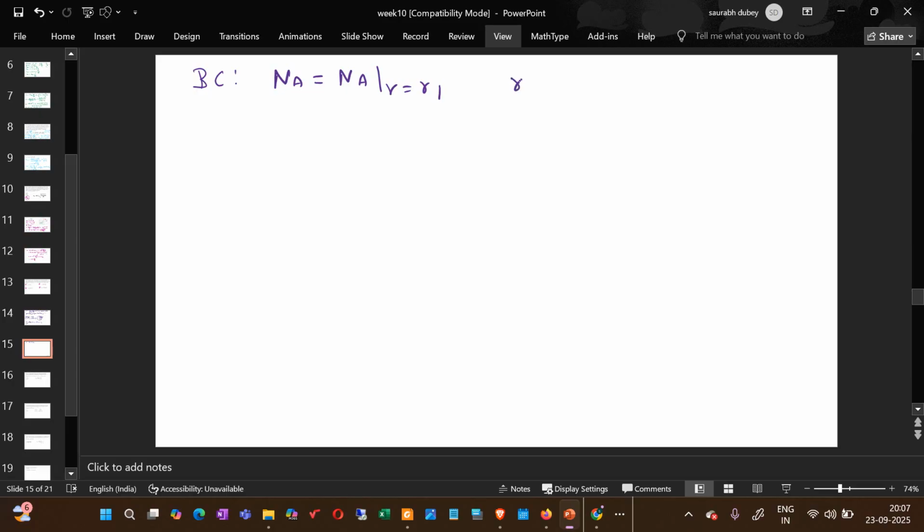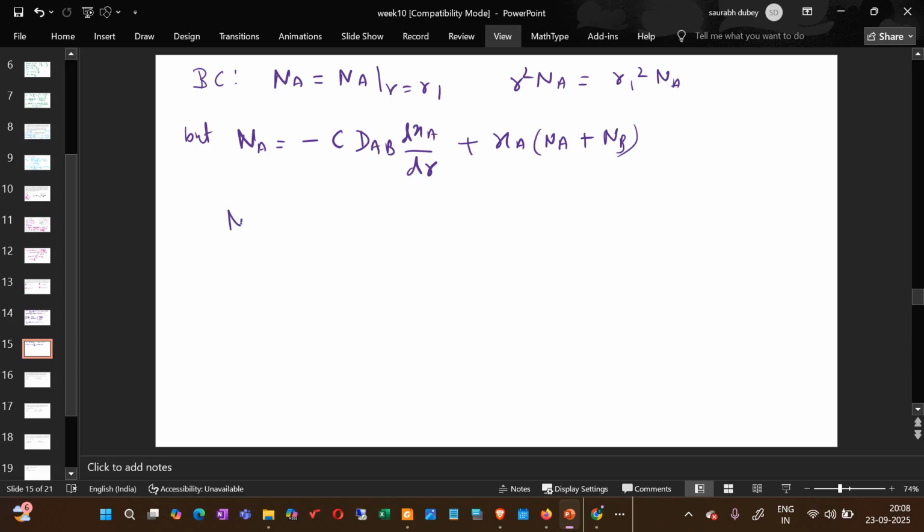That is, r square Na equals r1 square Na at r1. Now, Na equals minus C DAB dxa by dr plus xa (Na plus Nb).